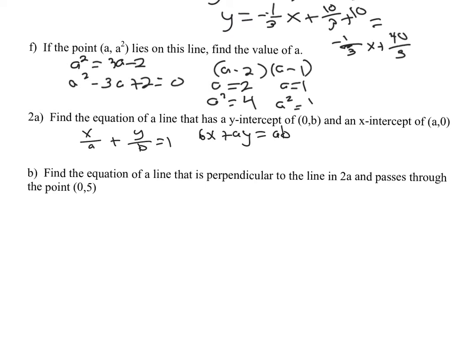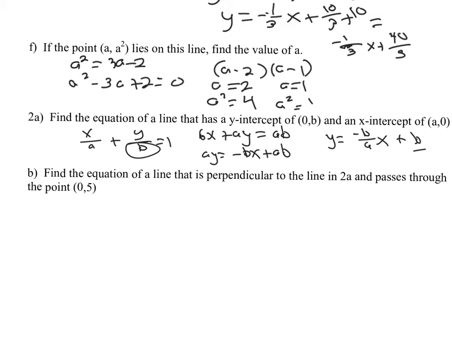If we want it in slope intercept, we get ay is equal to negative bx plus ab, and dividing by a gives us y equals negative b over a x plus b. Again, this is the same b that we see in the intercept form.